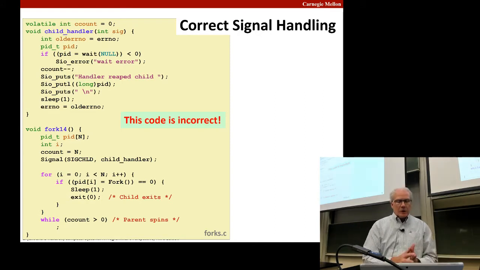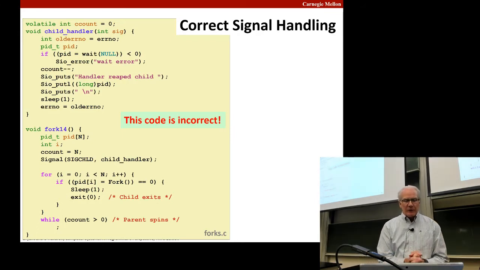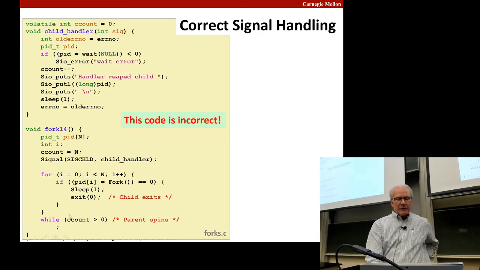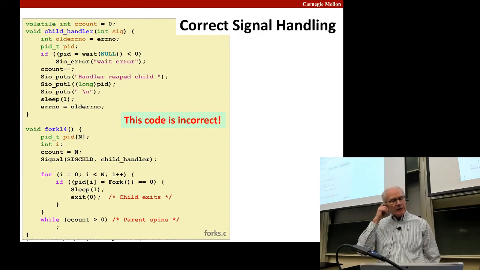Okay. Now, here's another annoying feature about signals that's demonstrated by this example. So the idea of this example is I've got a loop that's going to fork off n children, and the child is just going to sleep for a second and then exit.